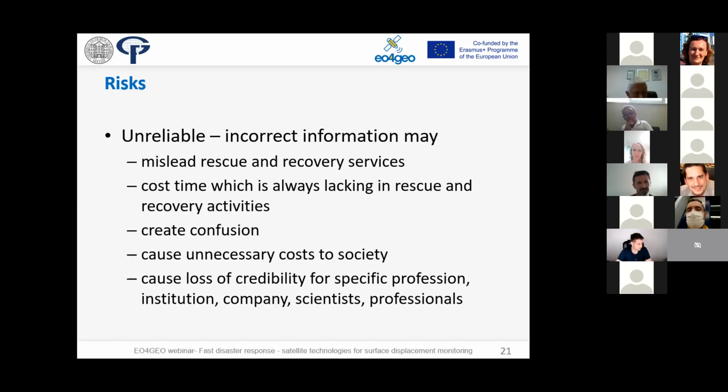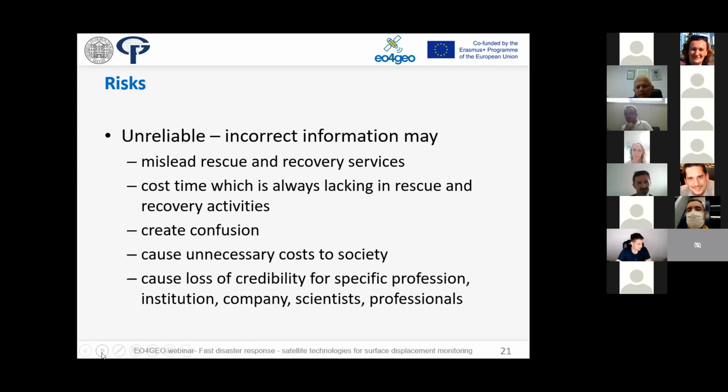So we should be aware of those risks, and being aware of them, we should take all possible measures to ensure that our fast received results are reliable and correct. And we should also be very cautious when communicating this to the society.